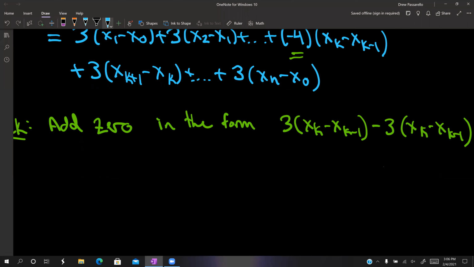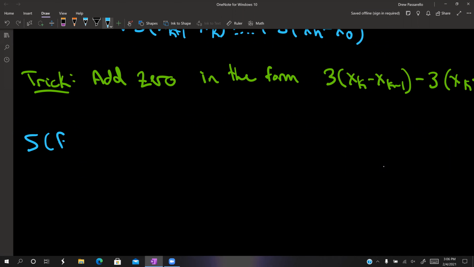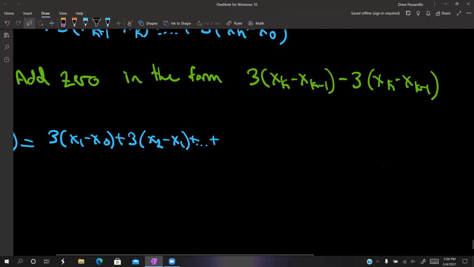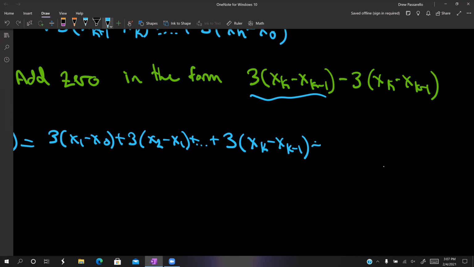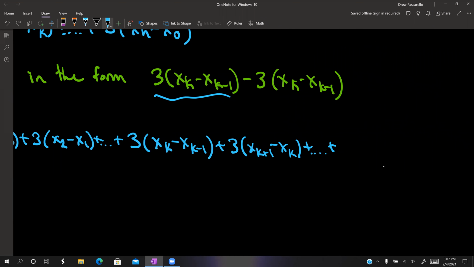So how is this going to look? Our sum: we have 3 times x1 minus x0 plus 3 times x2 minus x1 plus ... Now I'm going to use this part, so plus 3 times xk minus xk minus 1, then plus 3 times xk plus 1 minus xk plus ... and then plus 3 times xn minus x0.